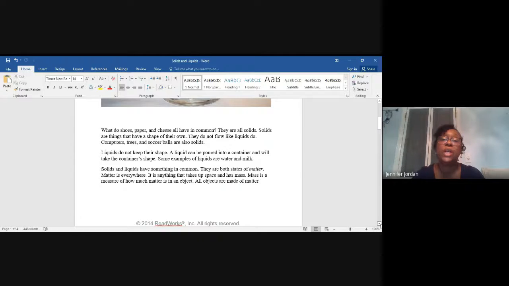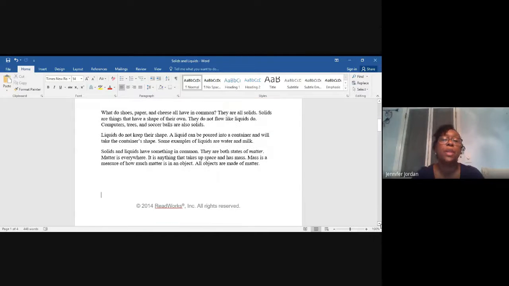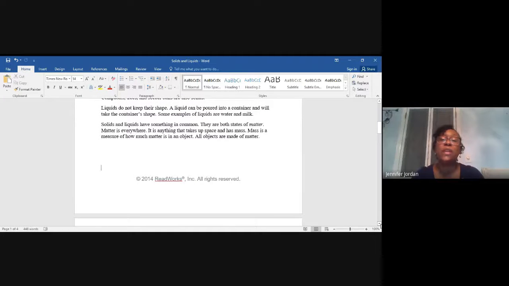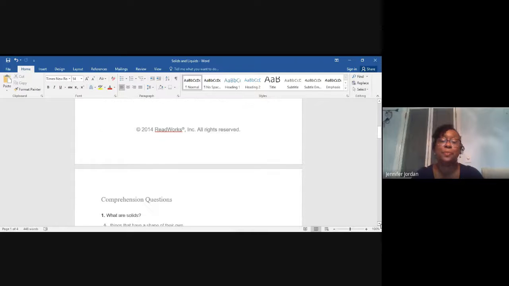Some examples of liquids are water and milk. Solids and liquids have something in common. They are both states of matter. Matter is everywhere. It is anything that takes up space and has mass. Mass is a measure of how much matter is in an object. All objects are made of matter.